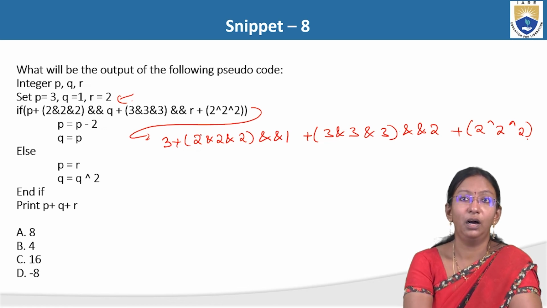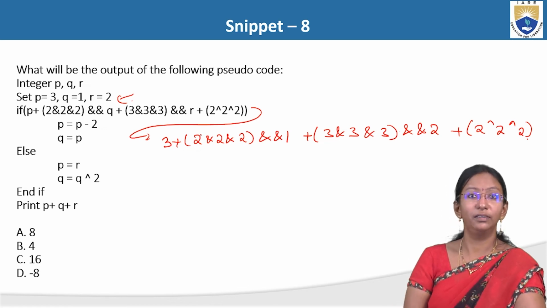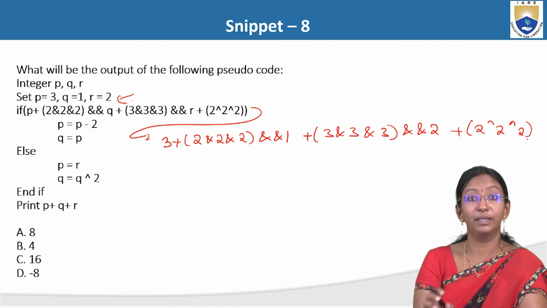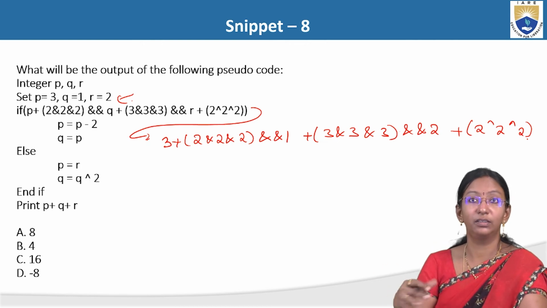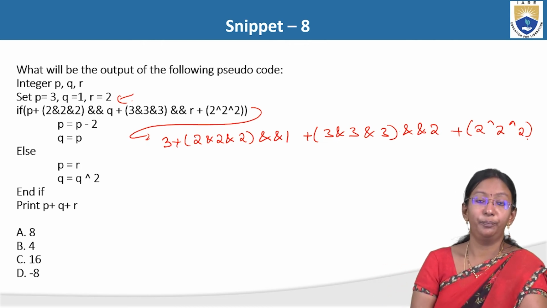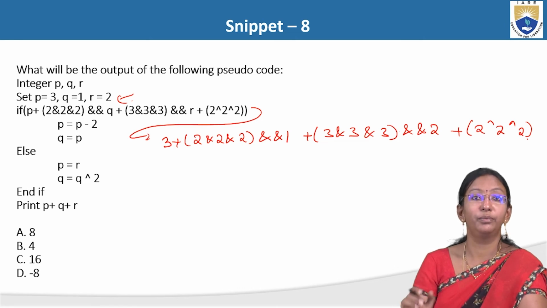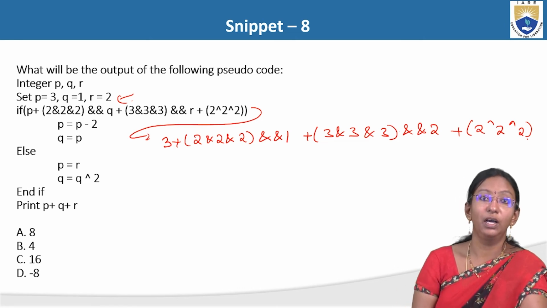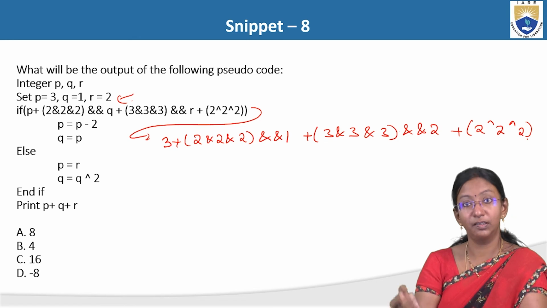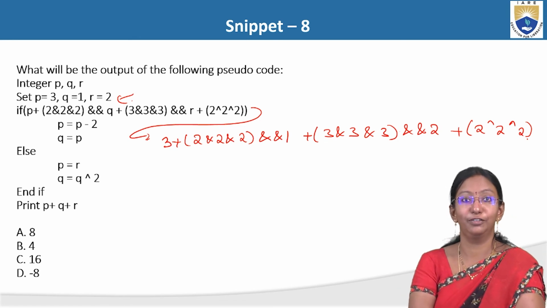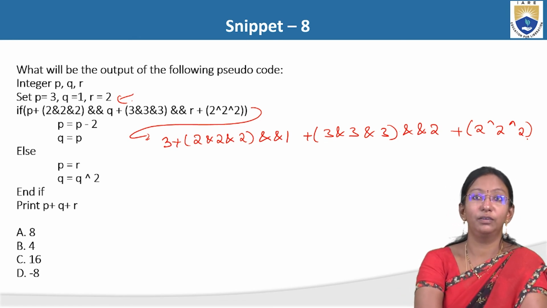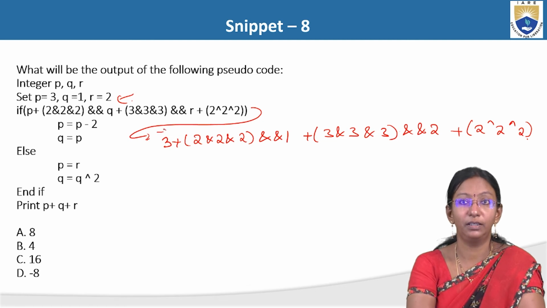Out of all these operations, guys, the brackets will get the highest priority. Just recollect your operator precedences, where brackets get the highest priority. If there are nested brackets, the innermost bracket gets the highest priority. So if you start from left to right, this will be the first operation evaluated.